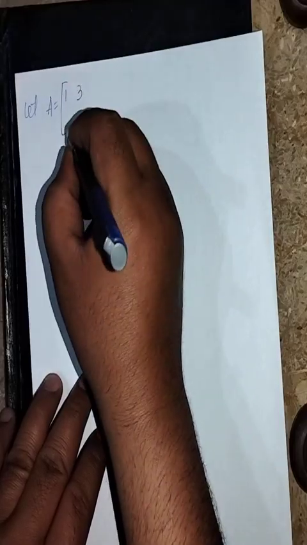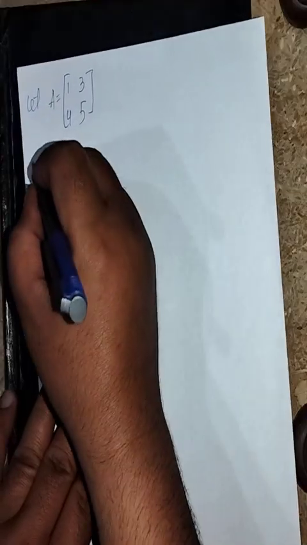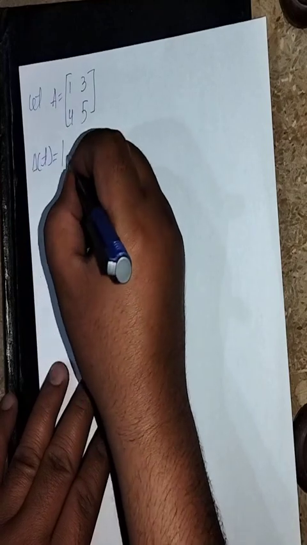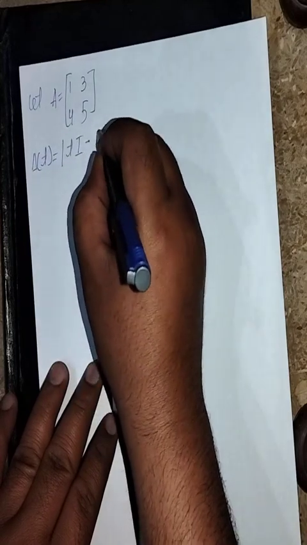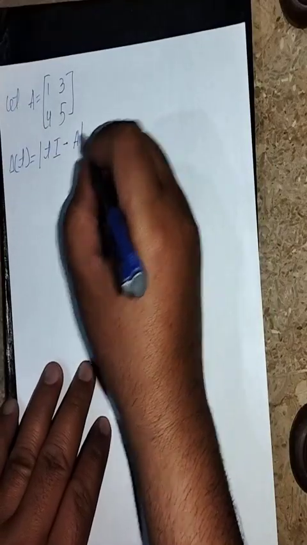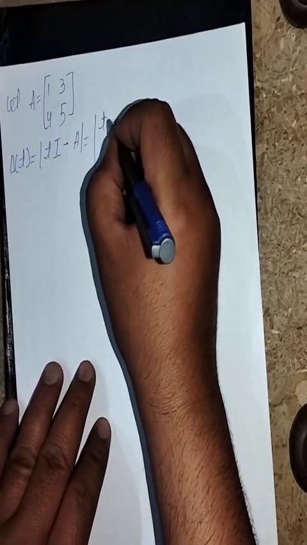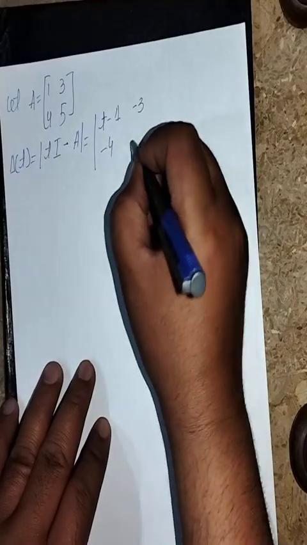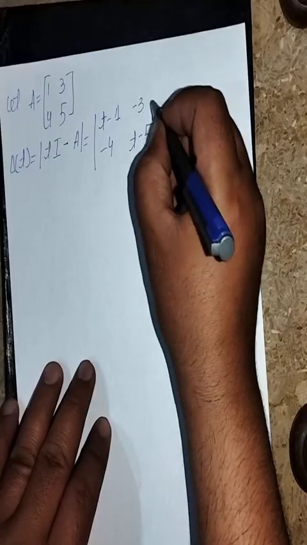Let's do an example. You have a matrix, let A equals [1, 3; 4, 5]. Calculate its characteristic polynomial delta of t, which will be the determinant of tI minus A, which will be equal to [t minus 1, minus 3; minus 4, t minus 5].